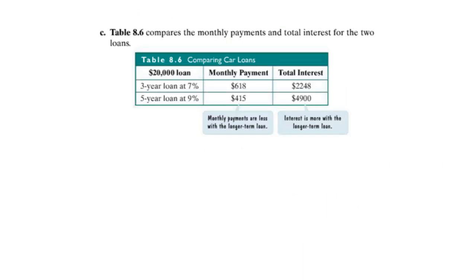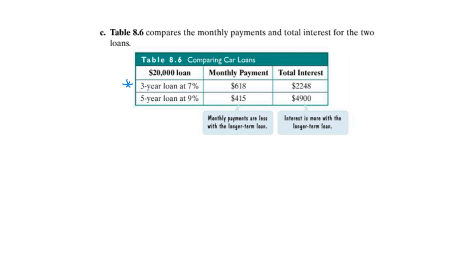In Part C for this problem, it says for you to compare the monthly payments and the total interest for the two. So the 3-year loan at 7% has a monthly payment of $618, and the total interest is $2,248.